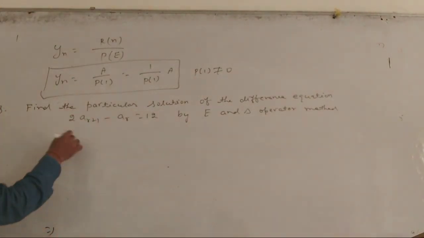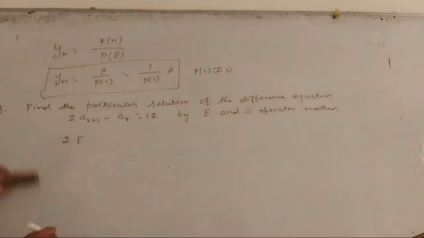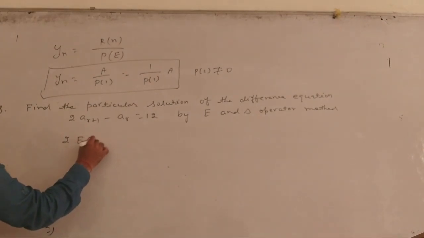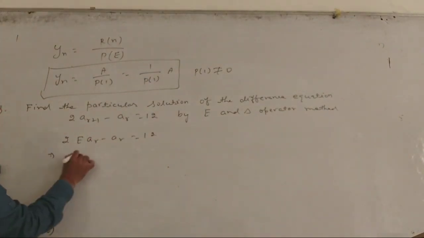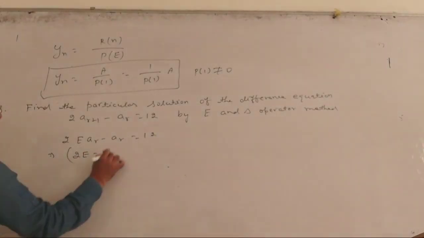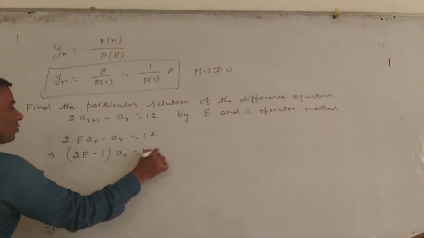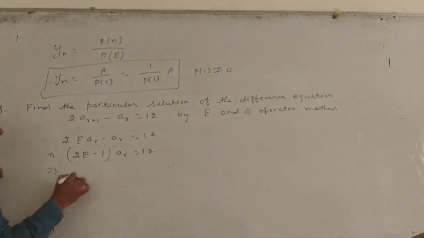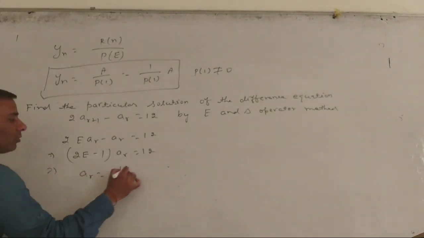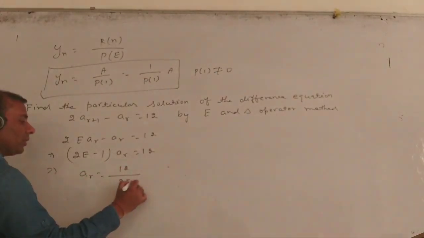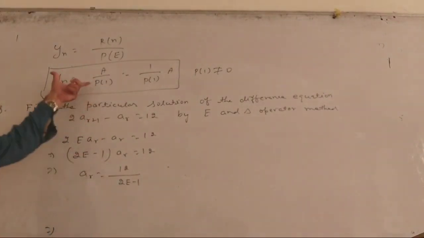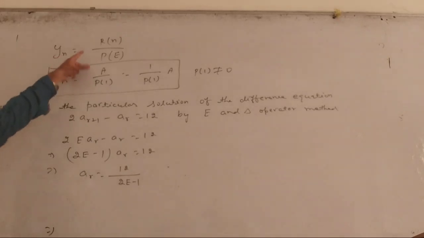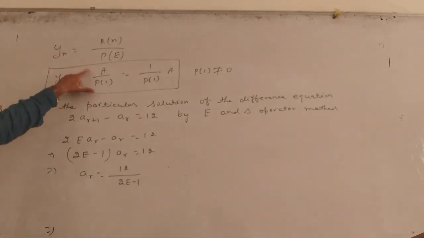Now this equation can be rewritten as 2 into E into a of r minus a of r equals 12, that is 2 into E minus 1 into a of r equals 12. So a of r equals 12 upon 2 into E minus 1. Now we will compare this with our case 1. Case 1 was when Rn takes any constant.